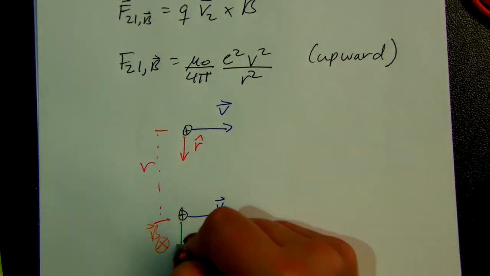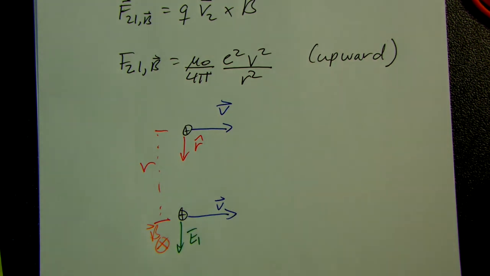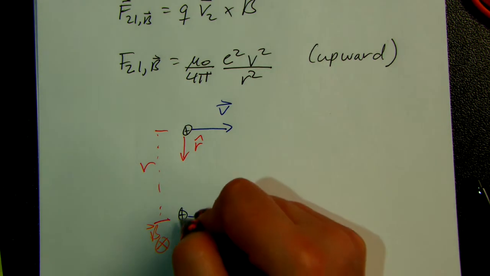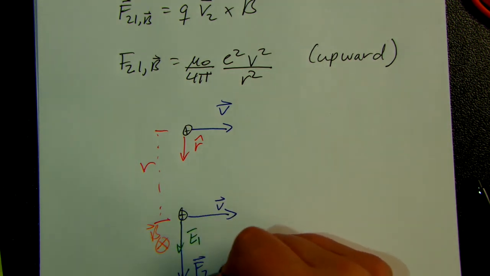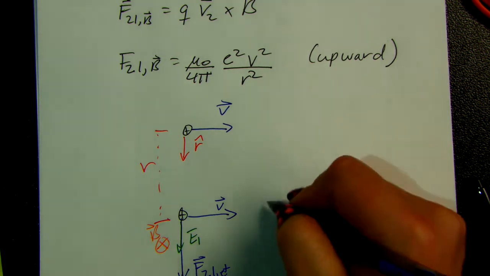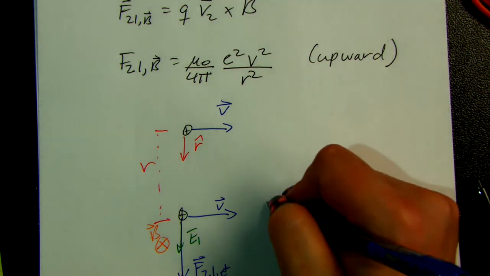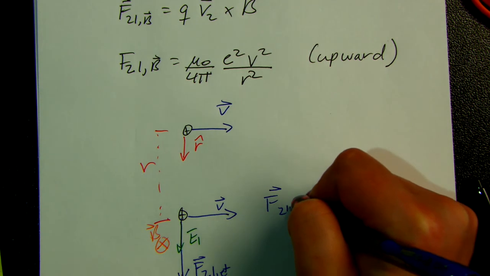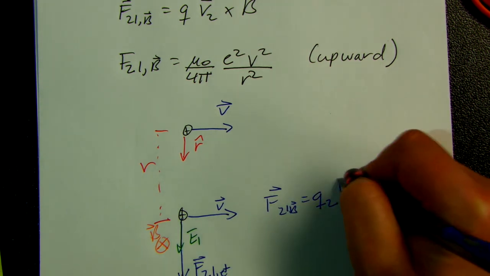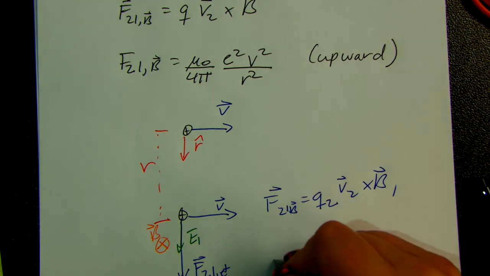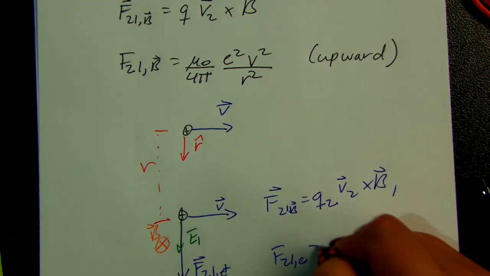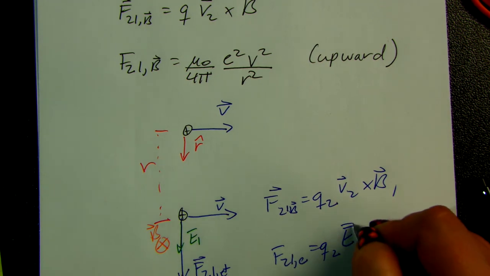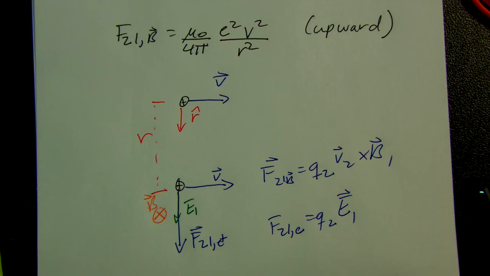And we've got our electric field from 1, and we have our F21E. And we've got F21B equal to q2 v2 cross B1, and F21E equal to q2 E1. So here is our updated setup for the electric and magnetic fields and the forces between them as a result of the two particles moving.